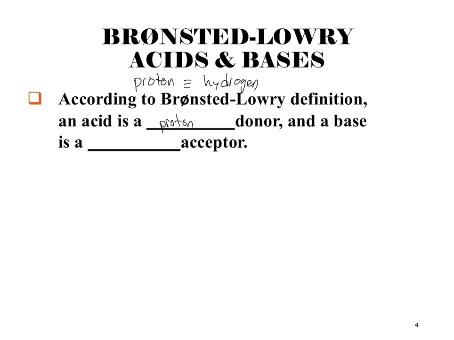So for an acid, the same reaction that we had before, actually let's use a different acid just so we can get experience. So we can have acetic acid, which is what you guys used last Wednesday.